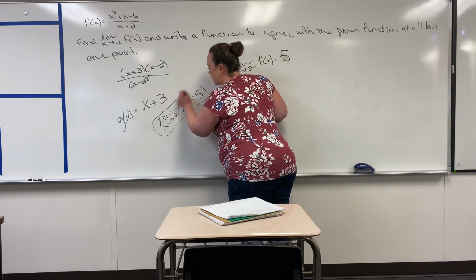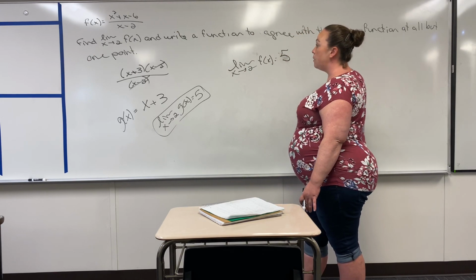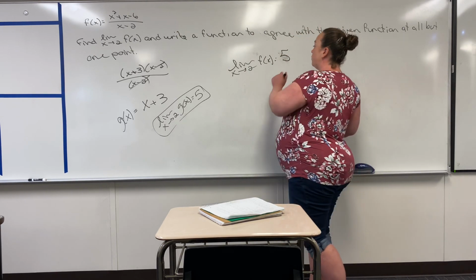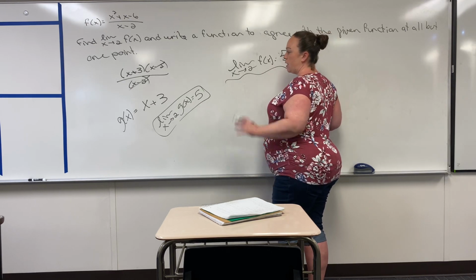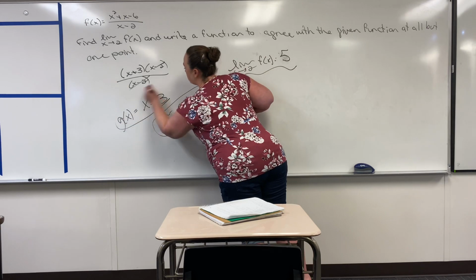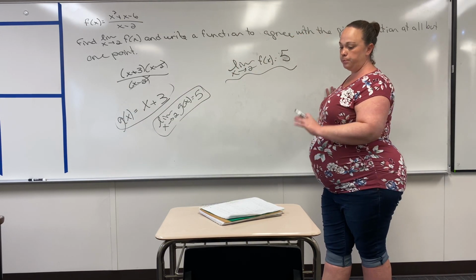You don't actually need to write this part down. It's just nice to realize. The two things that they want, because they want the limit as x approaches 2 of f of x, so they want this part, the function that agrees with the original function everywhere except at 2. So then they also want that part. Okay? And that would be that example.